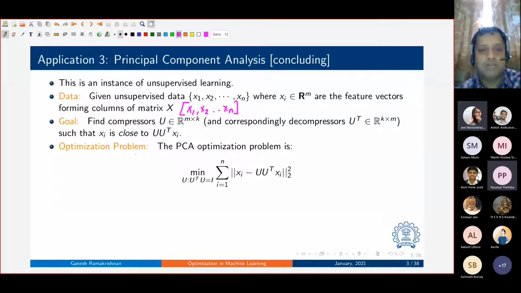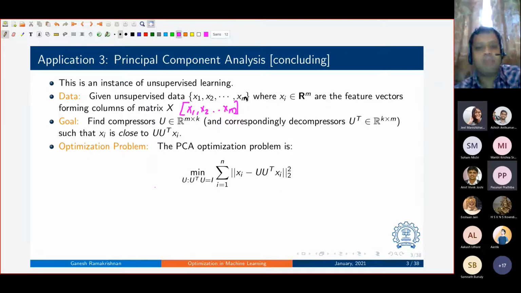Just to be consistent, we'll call these xm. So you apply U transpose to compress the xi's, so that we get them into a smaller dimensional space.